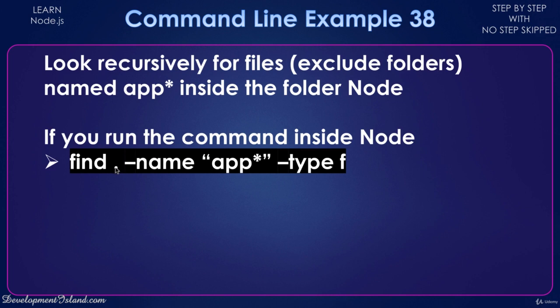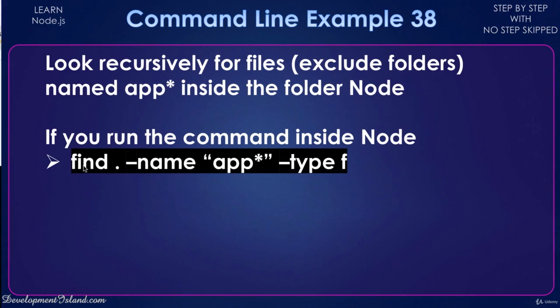So we're going to use dot for current location. And then we're going to use an option name to specify what pattern the name of our files should match or verify. And then we are going to use the type option to make sure that we get only files, not folders. So let's try this command.